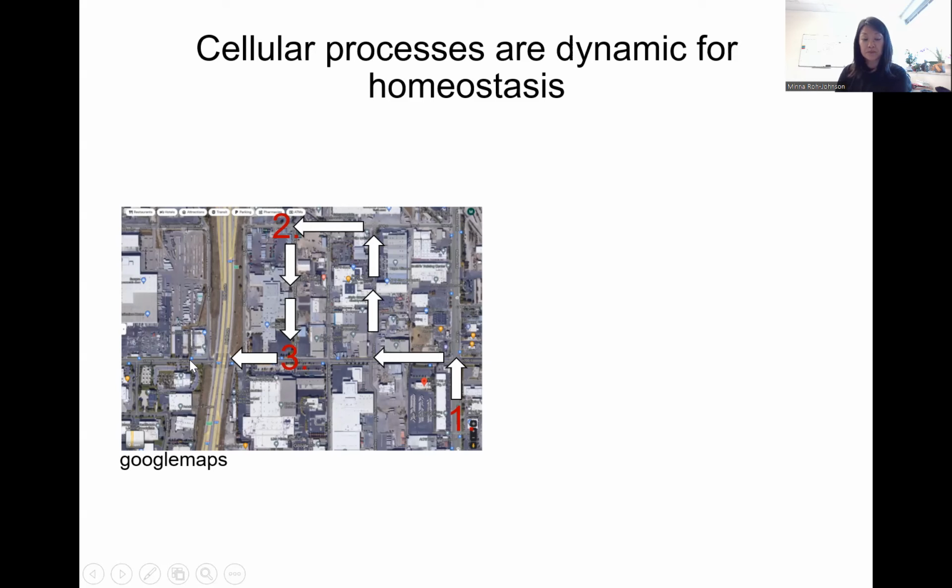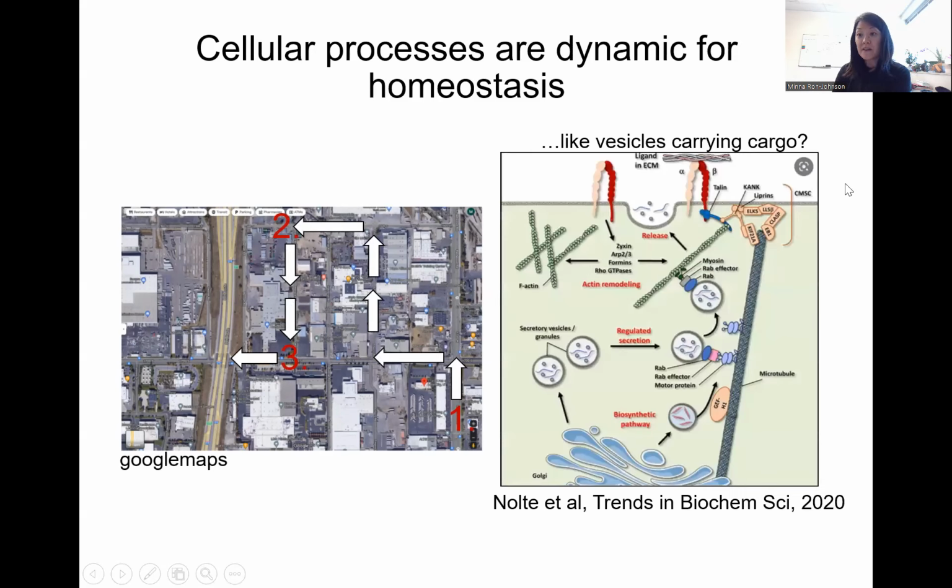It needs to go onto an on-ramp. So again, this analogy is similar to something like vesicles carrying cargo, right? There are rules that these vesicles need to follow. They often march along filaments. There are adapter proteins that link that vesicle onto a specific filament and going in a specific direction, just like some of our streets are one way. You can't go both directions.